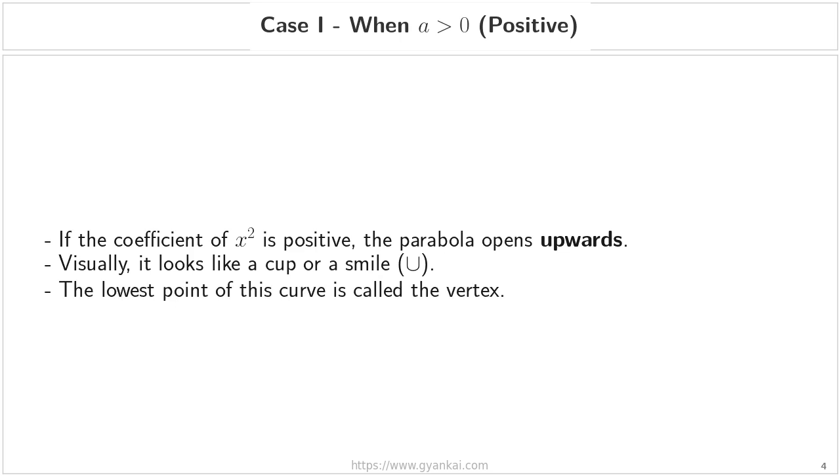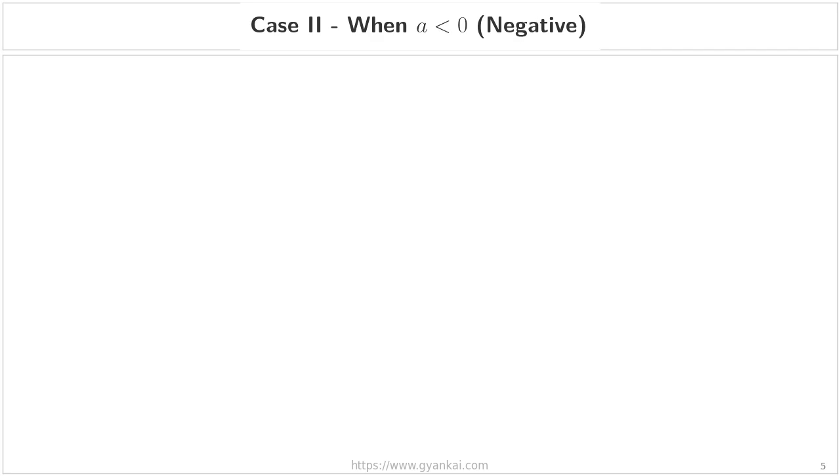In this specific upward opening shape, there is one very important feature to note. The very bottom, or the lowest point of this curve, is known as the vertex. Keep this in mind, because in our next slide, we will see how the graph changes completely if that coefficient becomes negative.